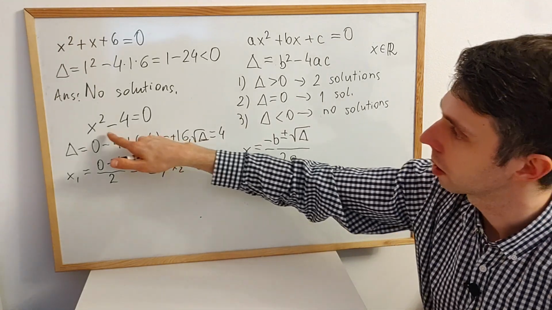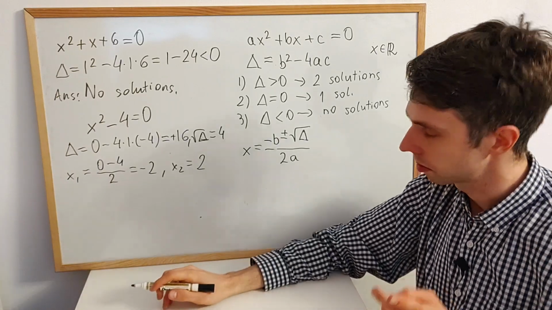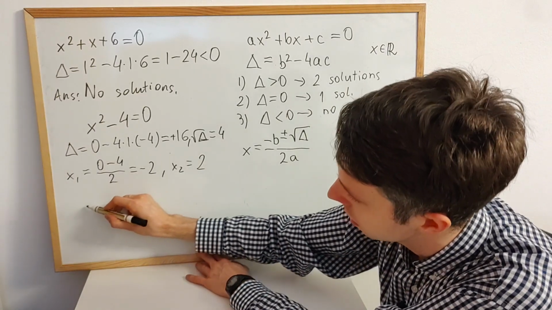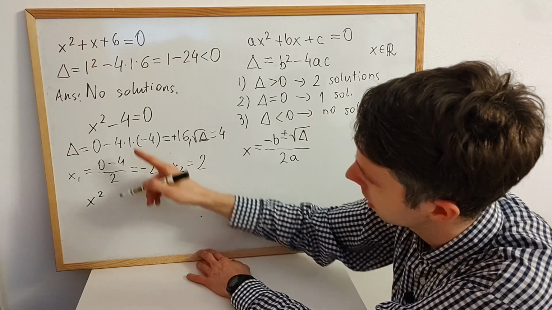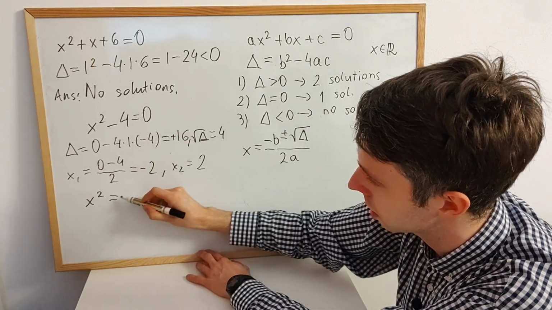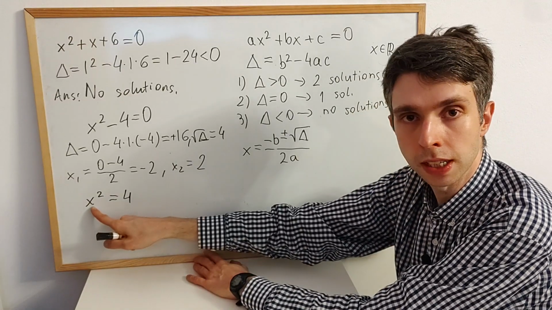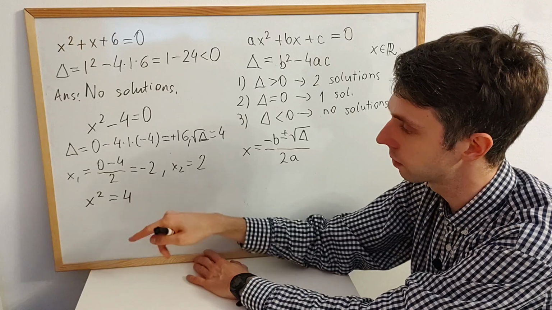You can also solve this one in another way, just by moving 4 to the other side, so x squared equals 4, and you ask yourself which real number squared gives you 4.